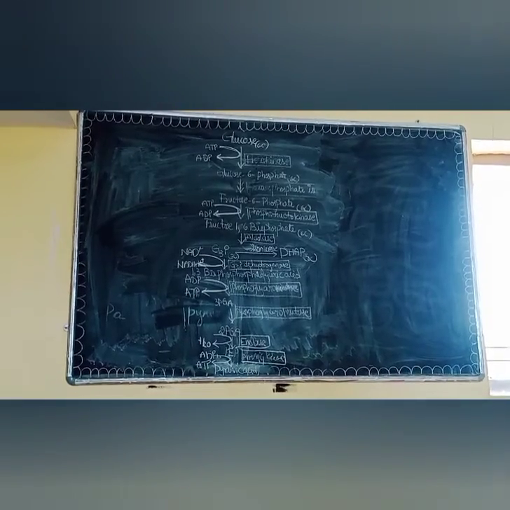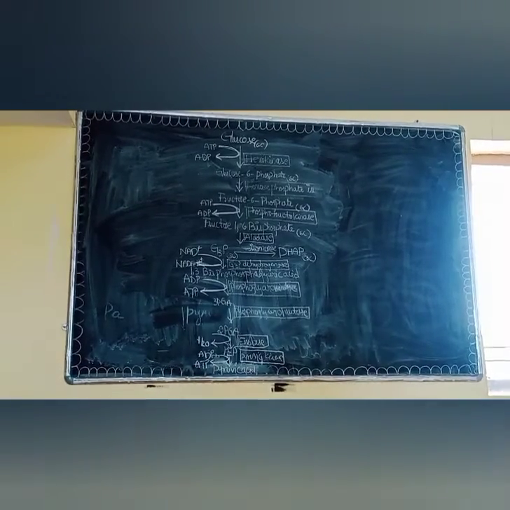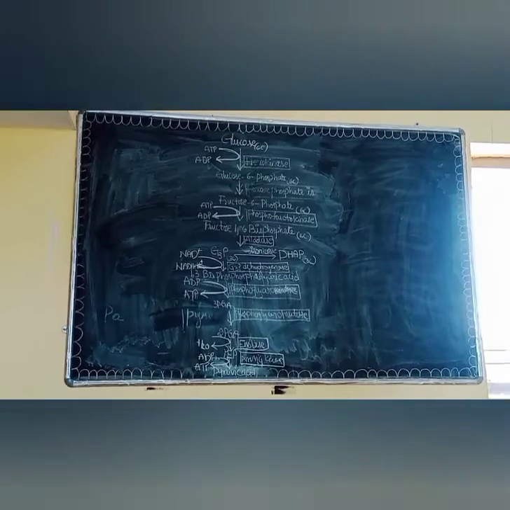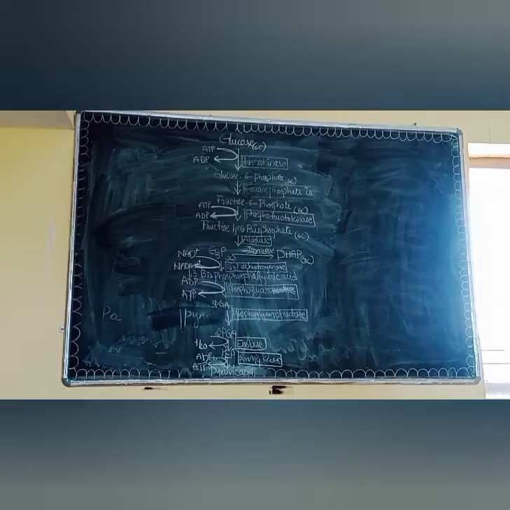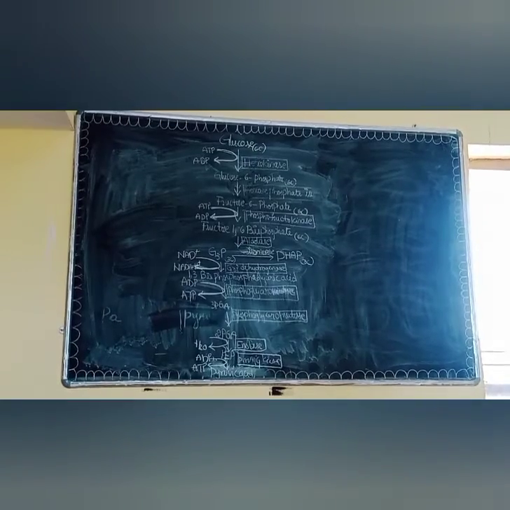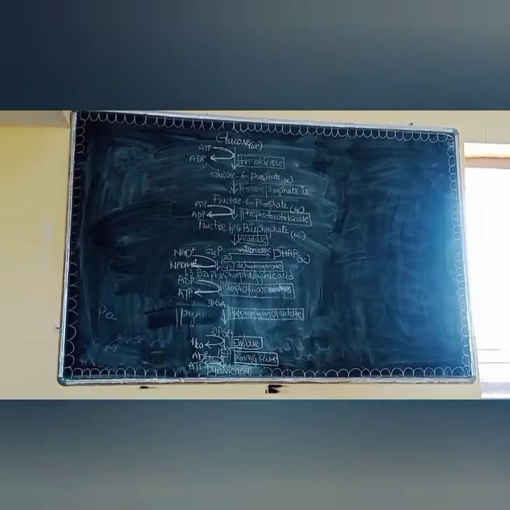Afterwards, the third step: from fructose 6-phosphate we get fructose 1,6-bisphosphate, in the presence of phosphofructokinase while utilizing ATP.